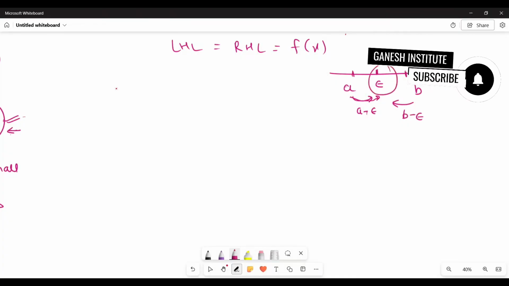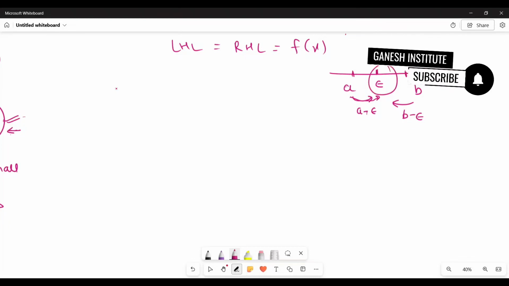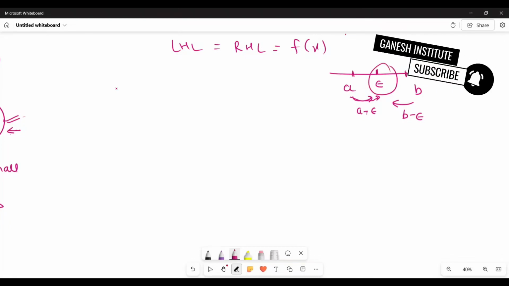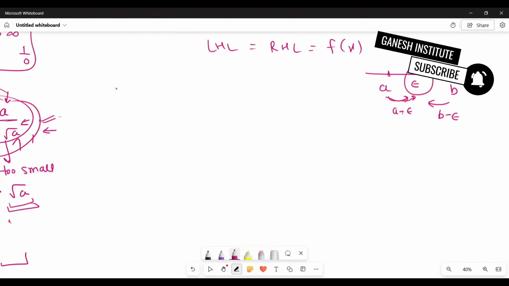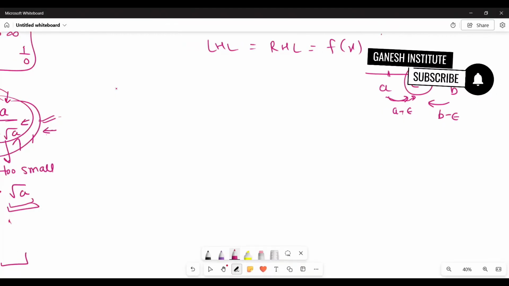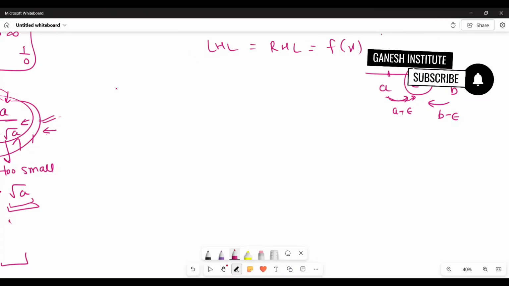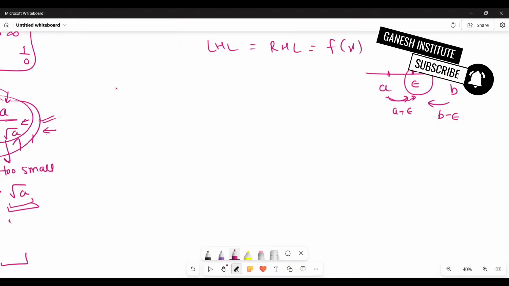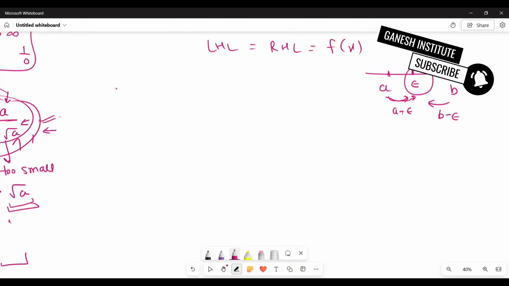So epsilon is the neighborhood, because there's an upper and a lower bound. Yes, there is an upper and lower bound, and we have the neighborhood wherein it is a very small collection, but this is the range which has smaller values, wherein the left hand limit and right hand limit are getting satisfied.